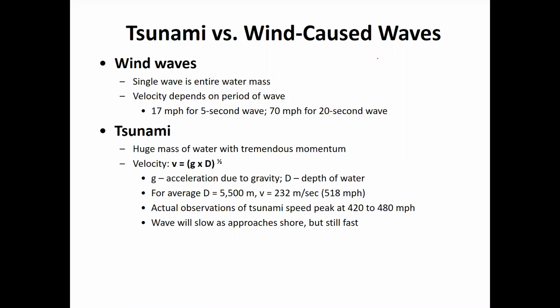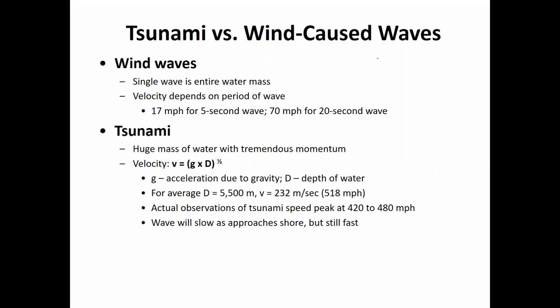For that reason, their velocity depends on the period of the wave. Wind waves travel about 17 miles per hour for a wave of a 5-second period, and 70 miles per hour for a wave with a 20-second period. So the longer period waves, or lower frequency waves, travel faster. In general, that's longer wavelength waves. They travel faster.